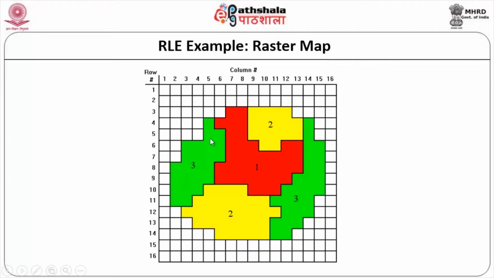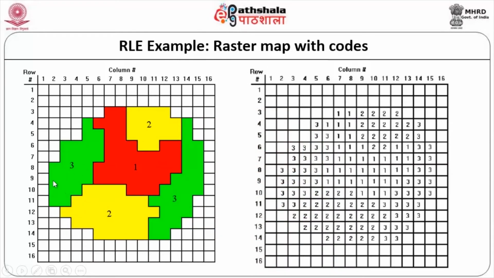How do you compress the data? How do you represent this particular data using RLE? As you can see here, this is the table which is being generated. The entire first row is not there, second row no values, the third row up to the sixth, of course it is not up to sixth, that is 0.